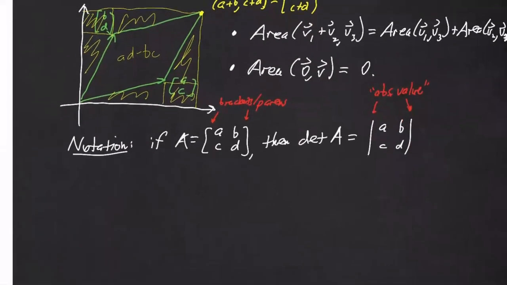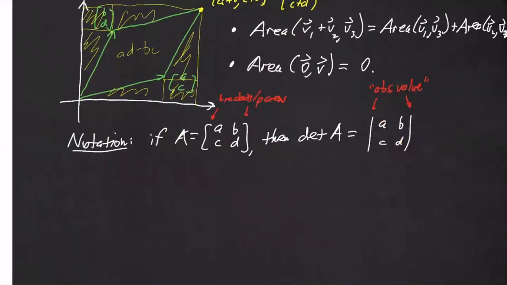So if we apply these properties, I want to start with the determinant of A, B, C, D, and think about the fact that we could rewrite AC as A0 plus 0C.